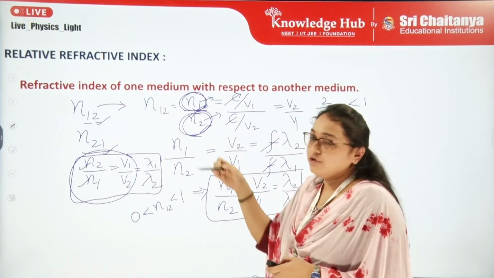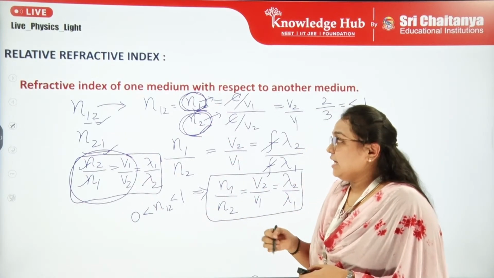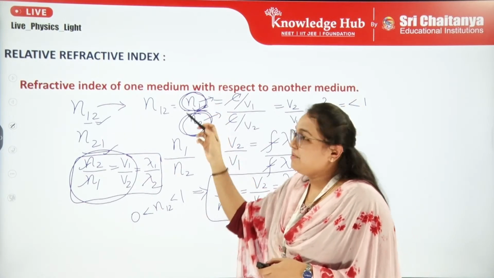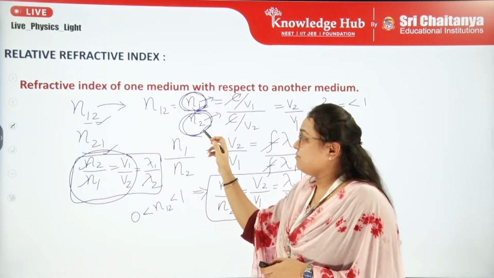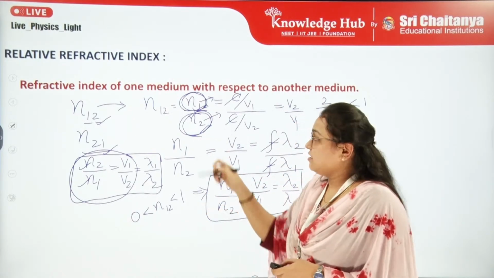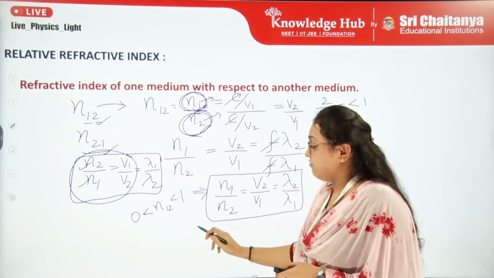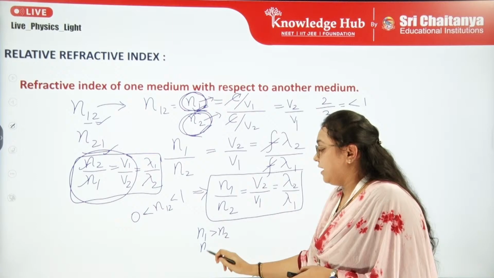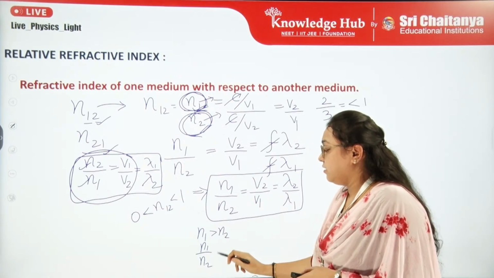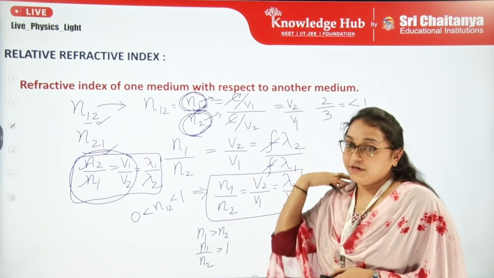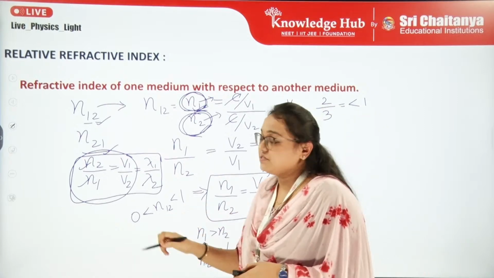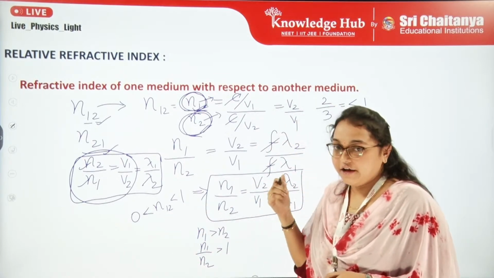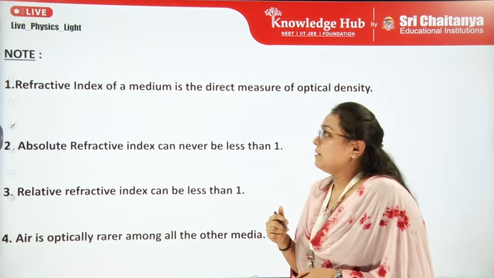So the ratio will be less than 1. In the similar way, if I take first medium as denser medium and the second medium as rarer medium, N1 will be greater than N2, then N1 by N2 will be greater than 1. So it can take values on either side of 1, and it doesn't have any unit.